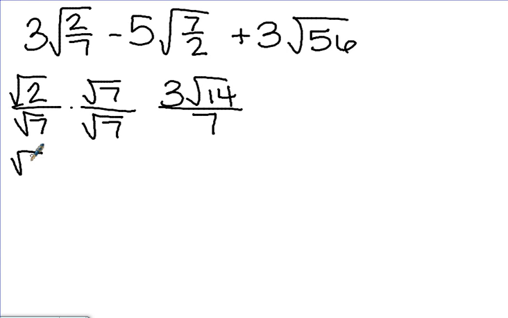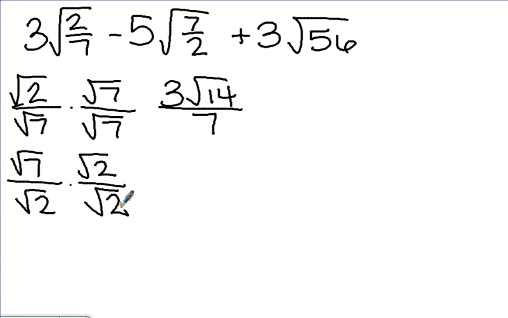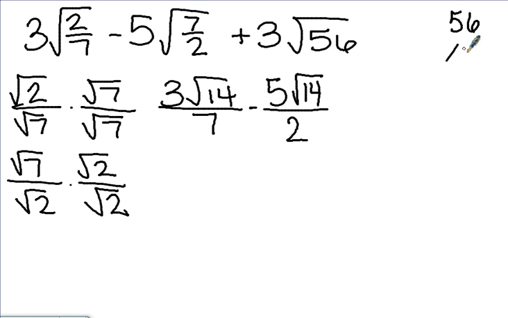Next, we want to get rid of the square root of 7 over the square root of 2 by multiplying both the top and the bottom by the square root of 2. And that leaves us with 5 root 14 over 2. And finally, we want to simplify 3 root 56. 56 we can factor. I'm going to go ahead and break 56 down to 2, and that would be 28.